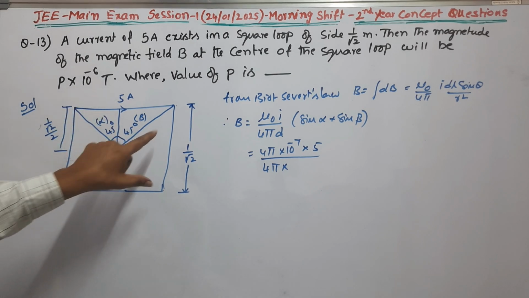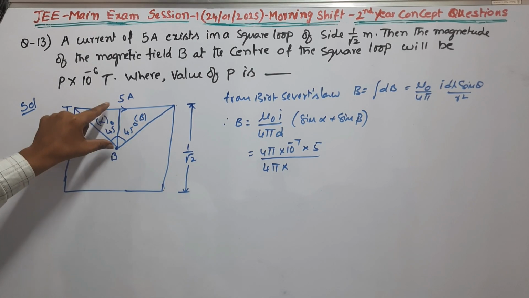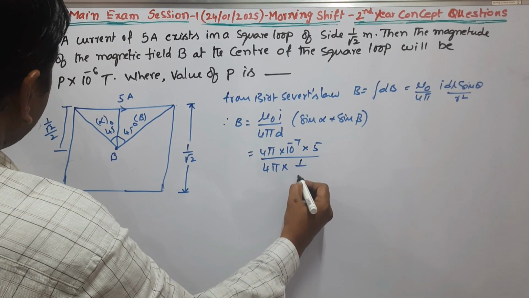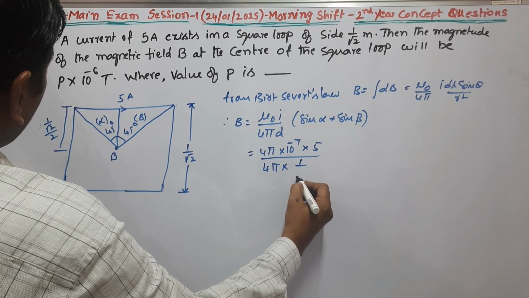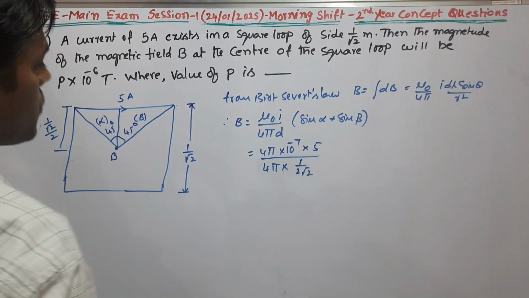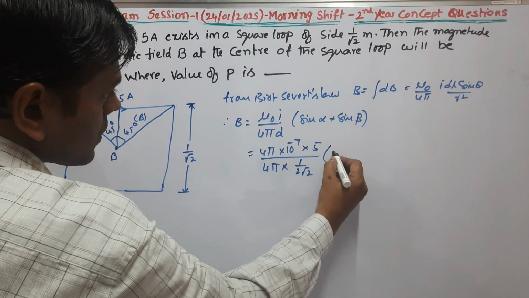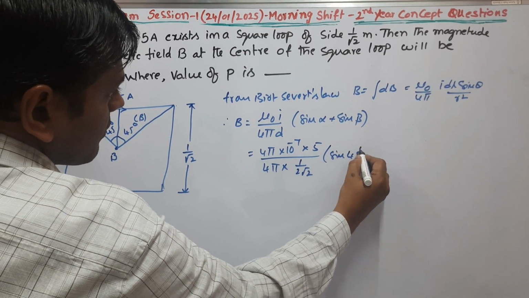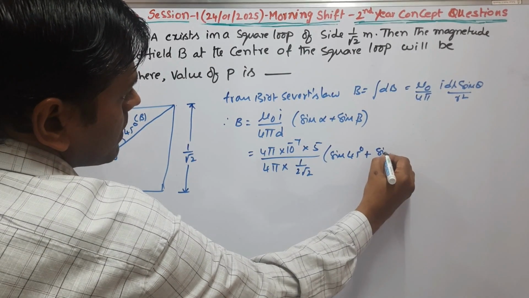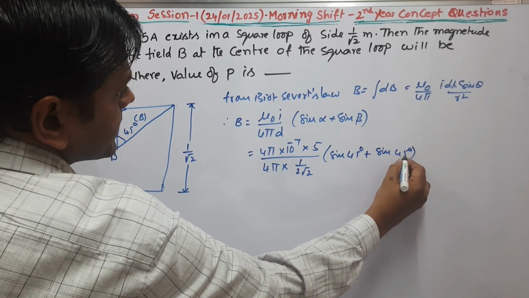What is the distance? The side is 1 by root 2, half of it means 1 by root 2 by 2, that means 1 by 2 root 2, into sin 45, alpha is equal to 45, beta is also 45. So, sin 45 plus sin 45 degrees.